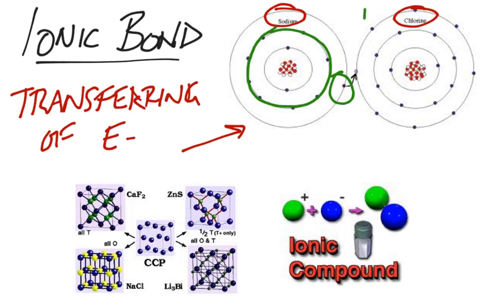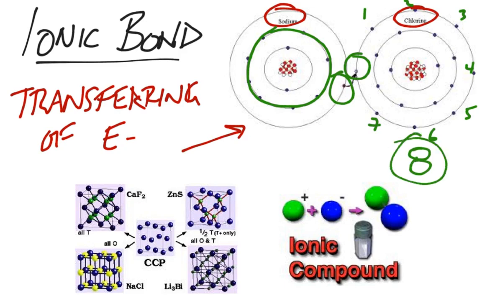Chlorine, on the other hand, has 1, 2, 3, 4, 5, 6, 7 valence electrons. If it gains one more valence electron, it will reach its magic number of 8. So when sodium and chlorine get around each other, the one valence electron from sodium is transferred to chlorine.